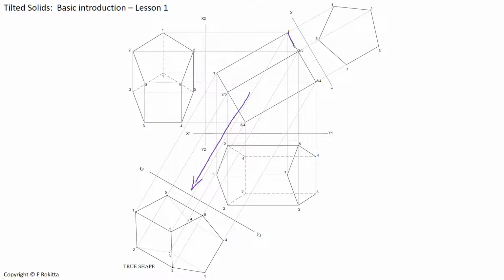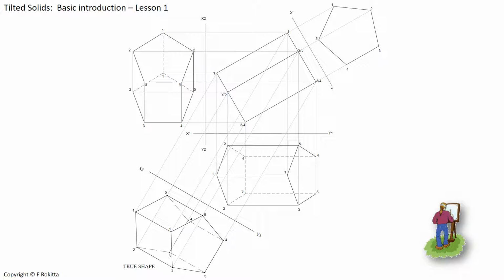Therefore, in our front view, the top lid of our prism will be exposed if we were to observe the true shape from that direction towards the x3, y3. That means the full surface of our prism, as shown here, will be exposed when we look at the angle as provided from the front view. It also means that the base end of our prism will be hidden, and that means that corners 3 and 4 will be completely hidden in the background.